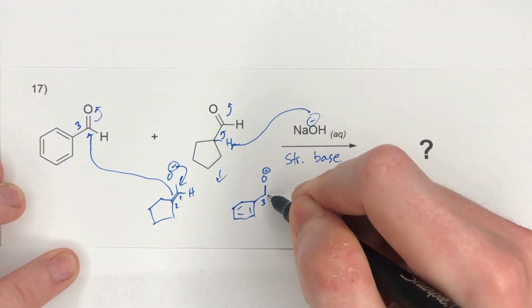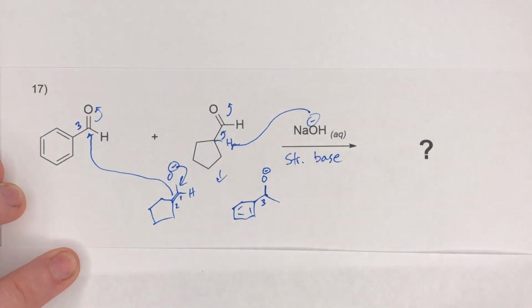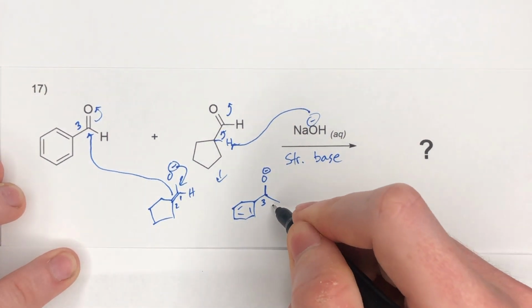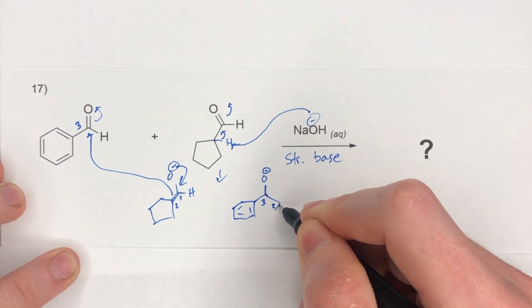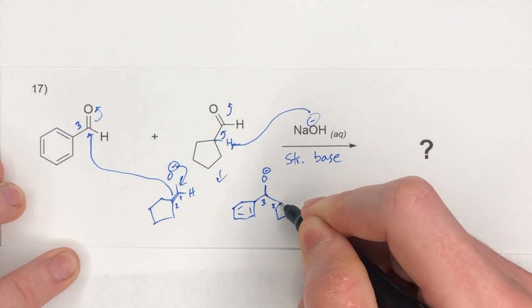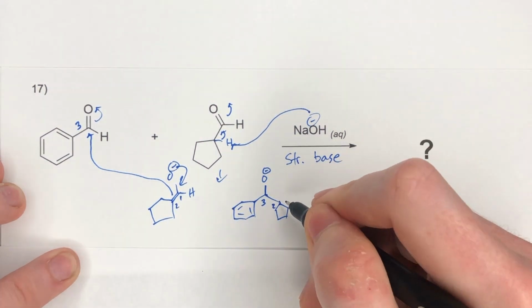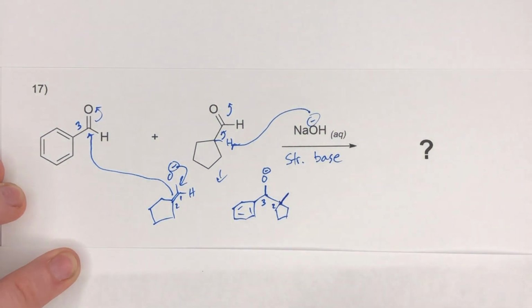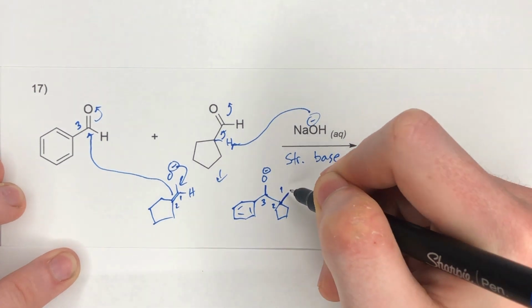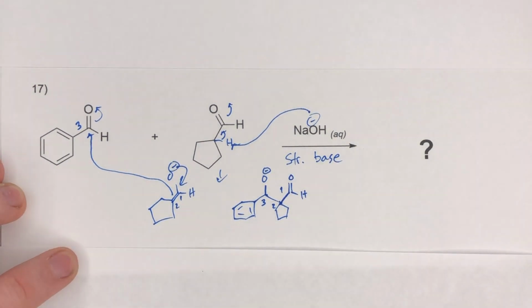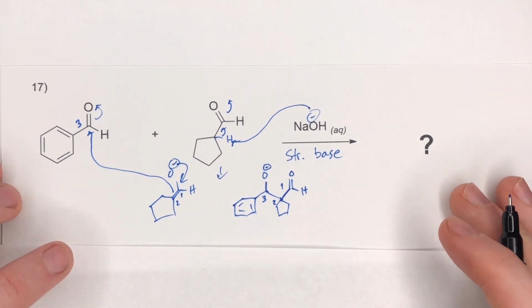And now carbon 2 is bound to carbon 3. Carbon 2 is part of this entire cyclic ring, so let's draw the ring. So that's carbon 2 bound to the ring. And then carbon 1 is bound to carbon 2, and we've reformed the aldehyde. So this is definitely the structure that forms at this point.